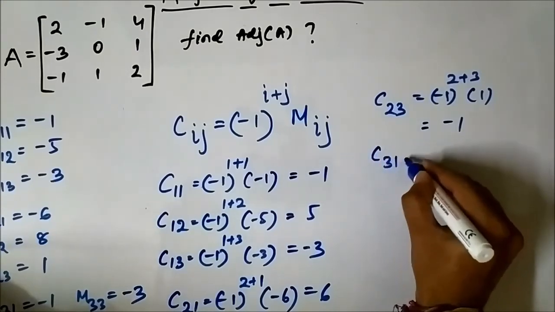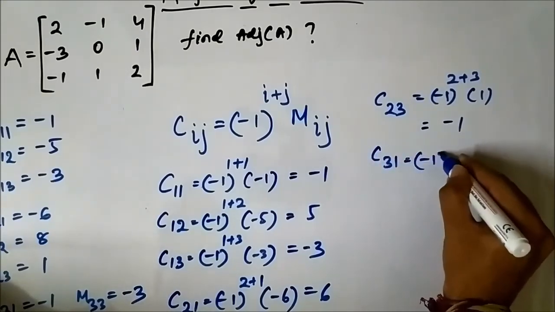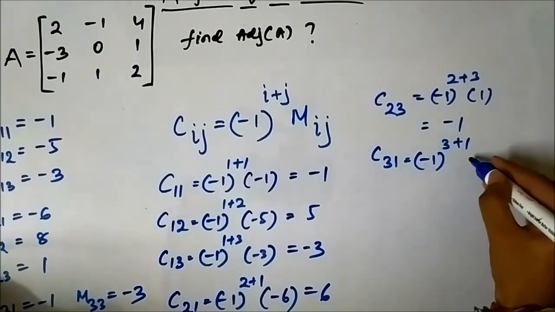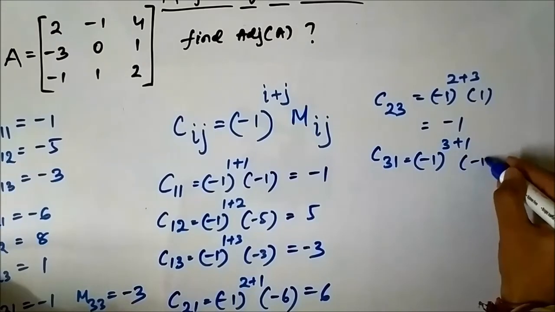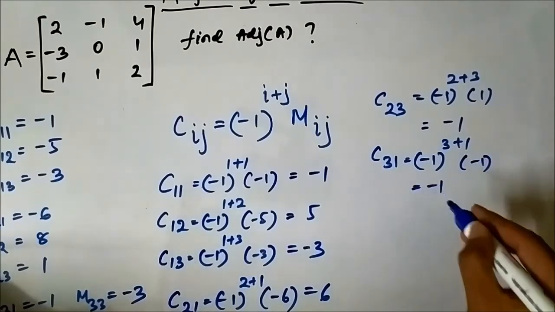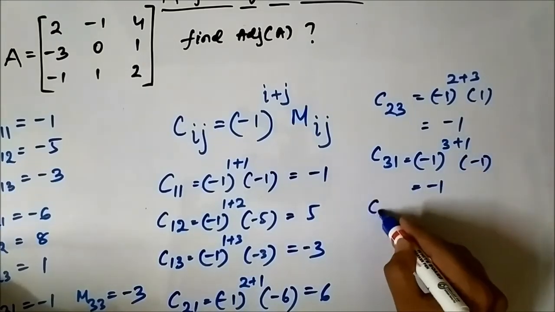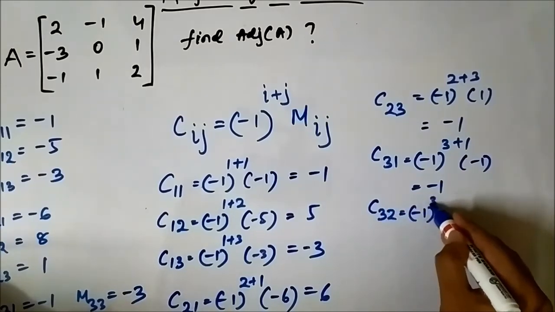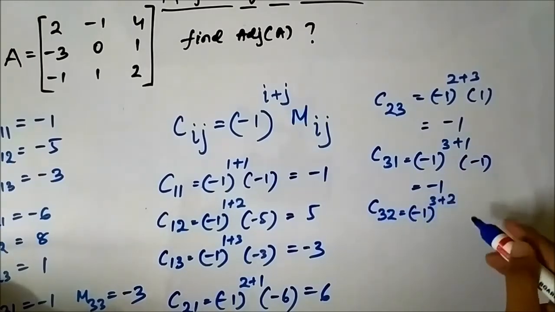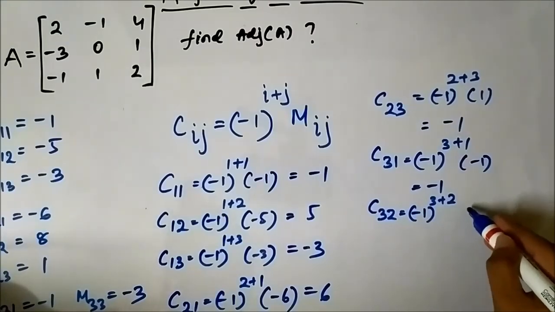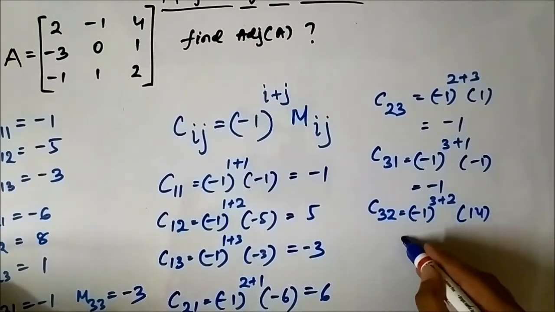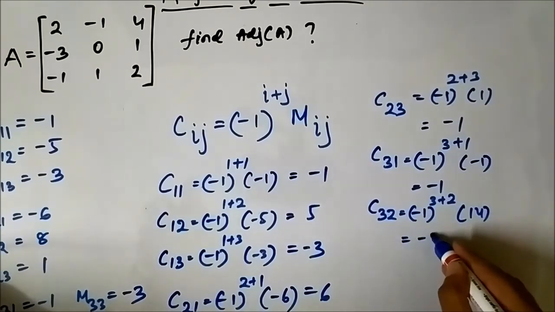C31 is equal to minus 1 to the power 3 plus 1 into M31, which is minus 1, so it becomes minus 1. C32 is equal to minus 1 to the power 3 plus 2 into M32, which is equal to 14, minus 1 to the power odd, so it becomes minus 14.